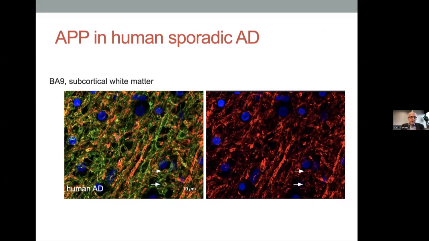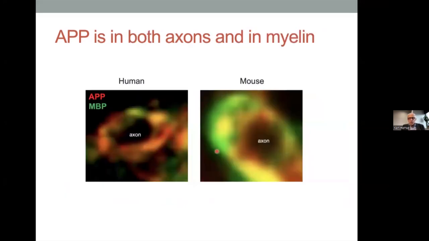And same thing, you see that there is quite a bit of yellow overlap where the presence of APP overlaps with that of the myelin basic protein. And just to blow it up and look at it up close and personal, as they say, APP in red, myelin basic protein in green. This is from an example in the human. This is an example in the mouse.